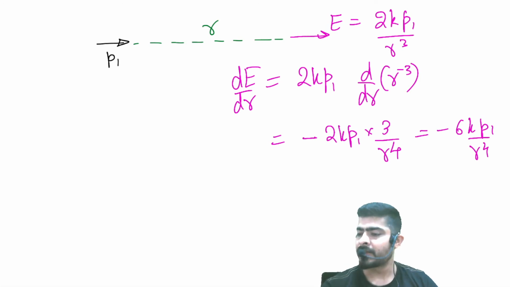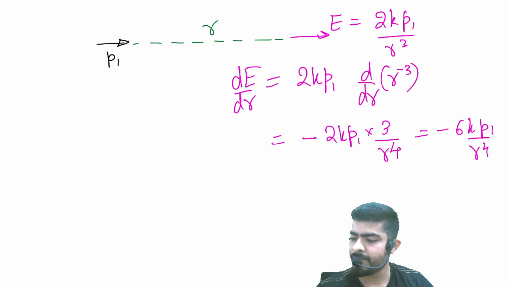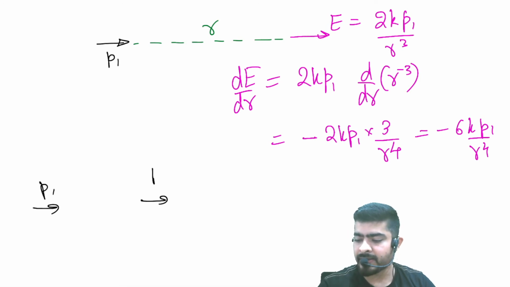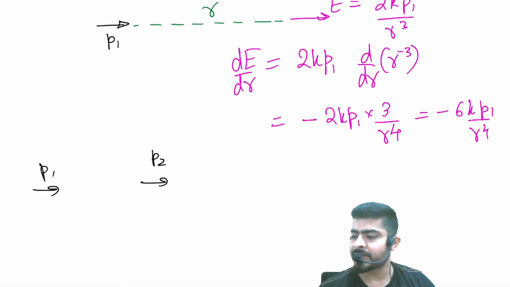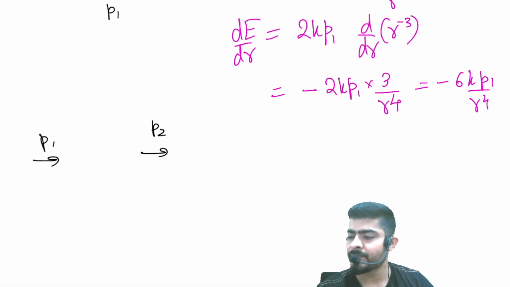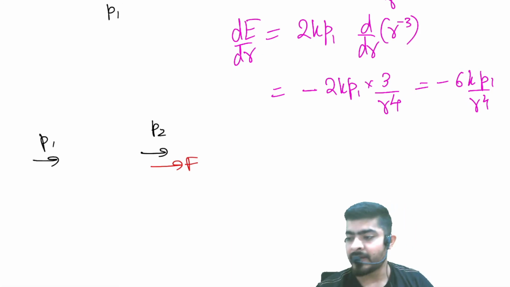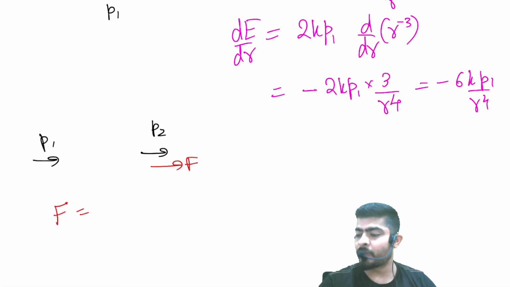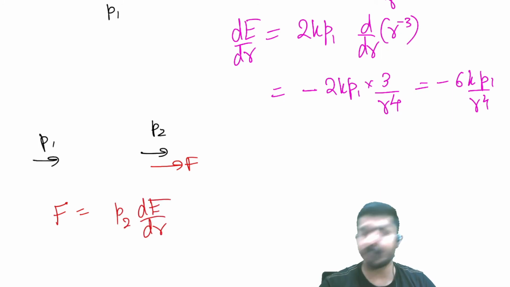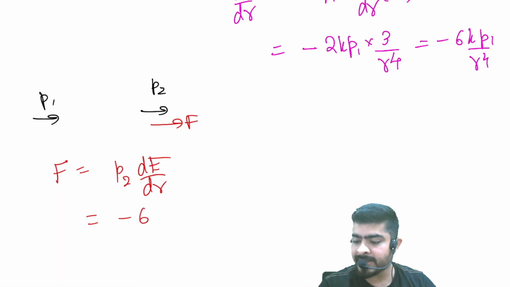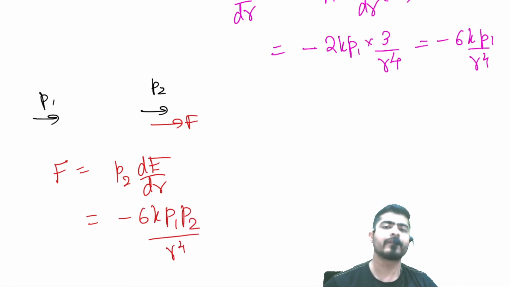Alright. Now, when I place two dipoles next to each other like this, what is the force now? So force experienced by P2 due to P1 will be how much? So this F will be equal to P2 times dE by dr. So this is equal to minus 6k P1 P2 by r power 4.